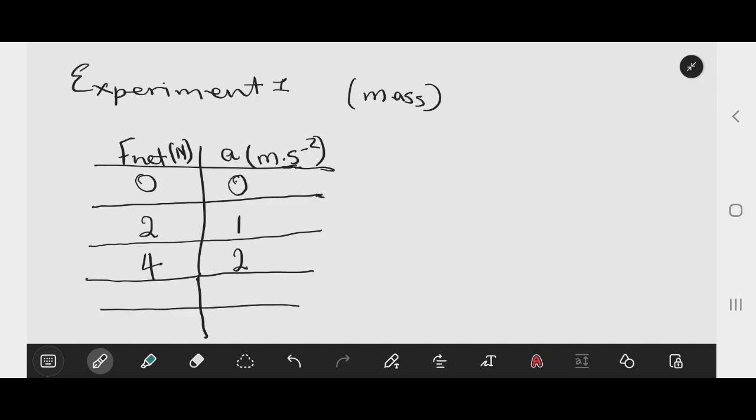We continue to increase the net force to 6, and we obtain that the acceleration is 3. From this table, we can see that when we increase the net force, the acceleration also increases. So there is a direct proportion between these two variables.